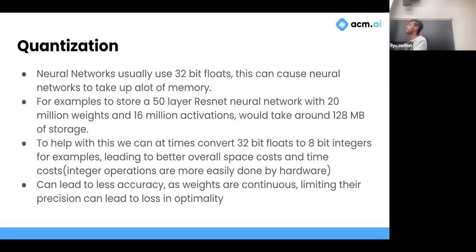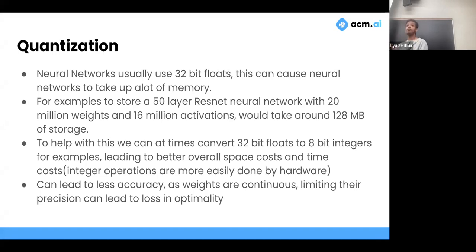So why don't we downscale it to make it more memory efficient? What we do is we downscale it from 32 bits to maybe 16 or 8 bits, and then we can use those values in our neural network. This does result in a little bit of loss of accuracy because your weights are a continuous value.